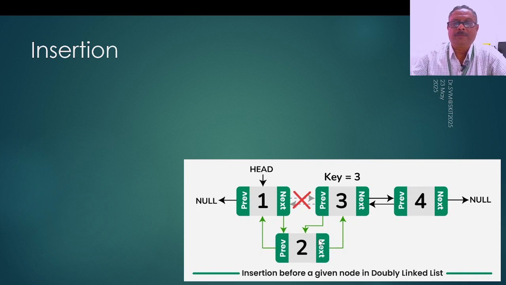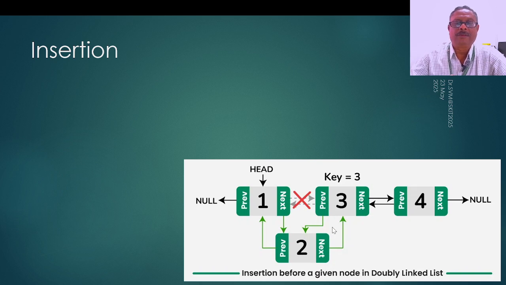So how can we do it? First, we create a new node, then go to the next node, and from the next node the previous should be your new node, and the new node's next should be this node.